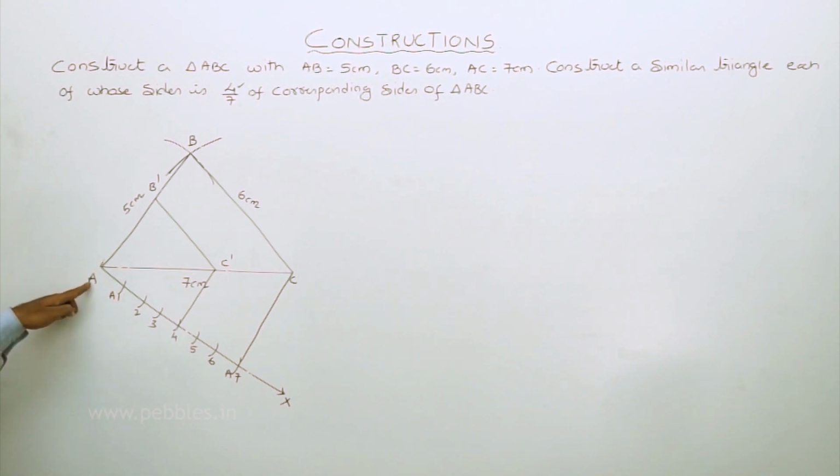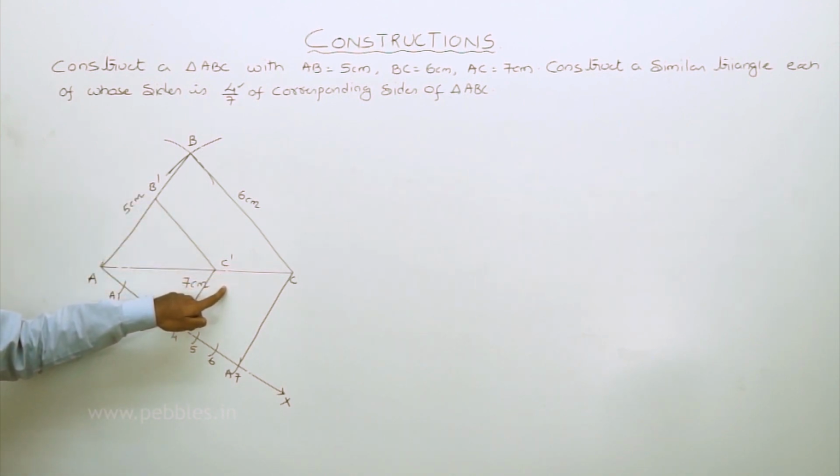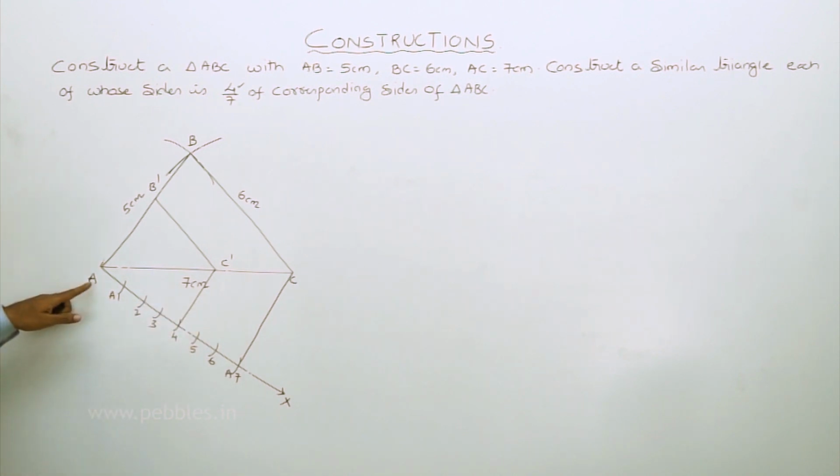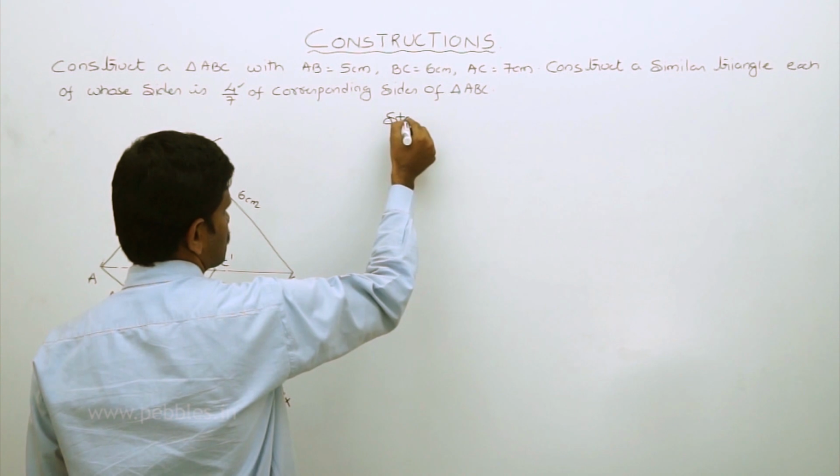Therefore, A, B dash, C dash is the required similar triangle of triangle ABC. Now, let us follow the steps of construction.